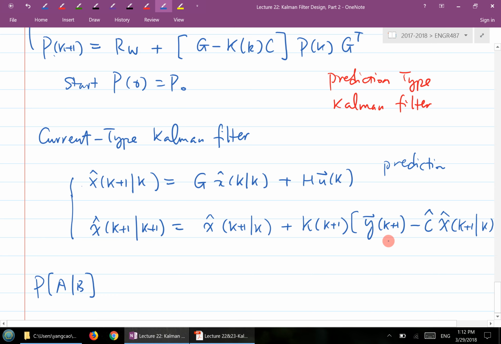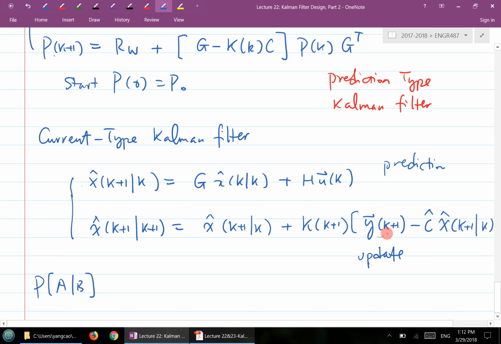And then the second step at here is basically called an update. So you update the first predicted one with this term, right? And that term is the multiplication of the Kalman filter gain with the difference between the actual output and the estimated output. Okay?